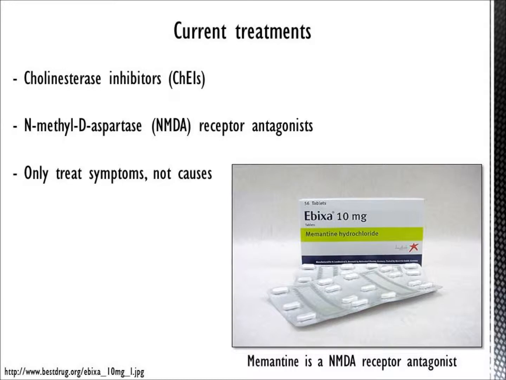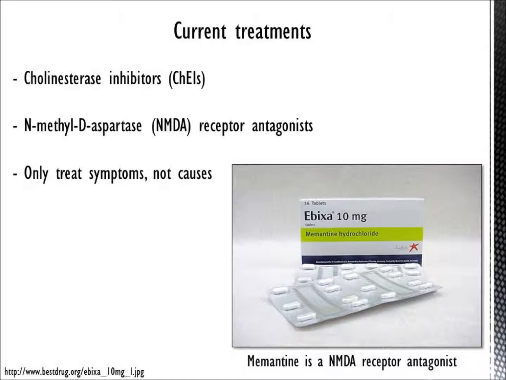The current treatments for Alzheimer's disease focus on decreasing its symptoms. The two classes of medications to treat Alzheimer's are cholinesterase inhibitors, or ChEIs, and N-methyl D-aspartate, or NMDA, receptor antagonists. Both types of medication work by slowing down the process of cognitive degeneration after the plaque has already formed, by increasing the amount of available neurotransmitters, which are essential in nerve signaling.